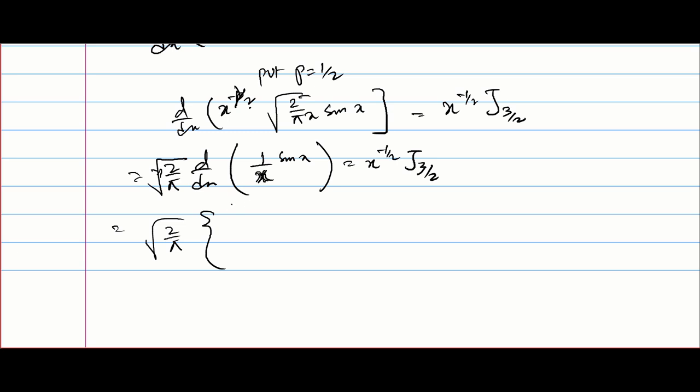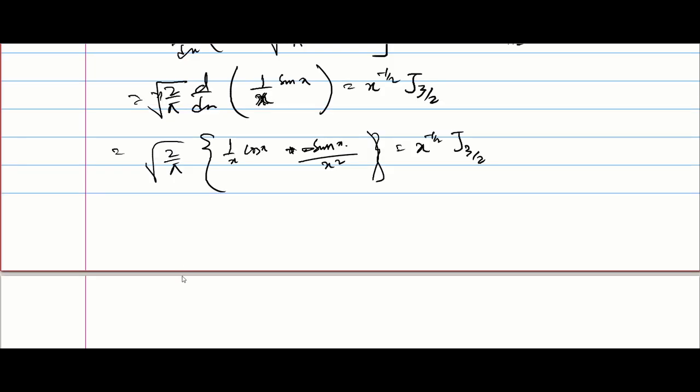So we get 1 by x cos x plus sine x times minus 1 by x square equals x^{-1/2} J_{3/2}, right? So this will be root 2 by pi.